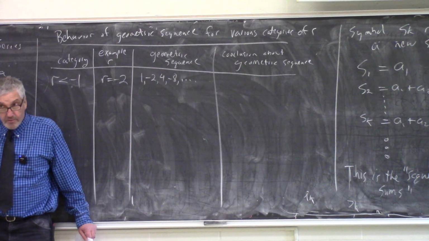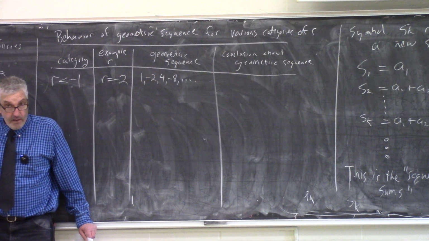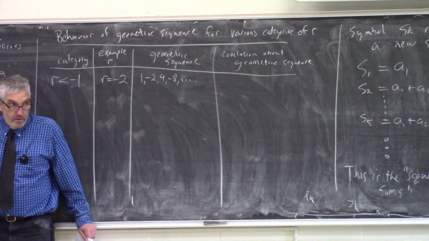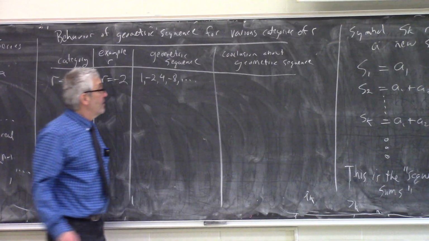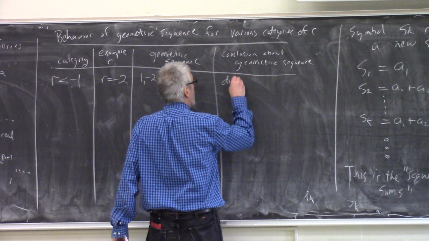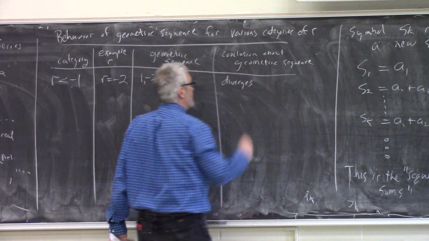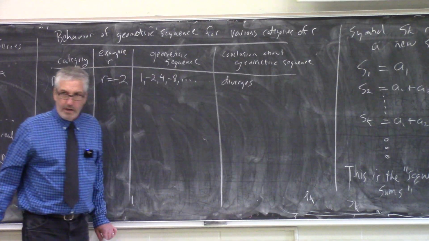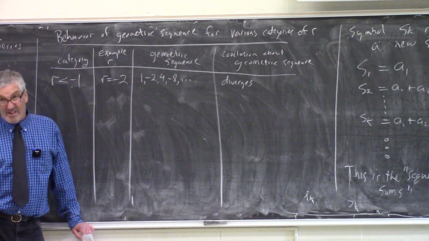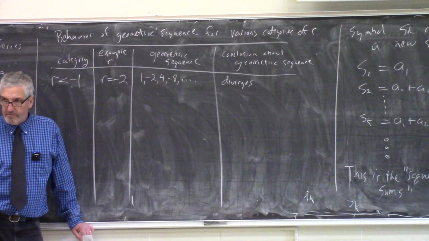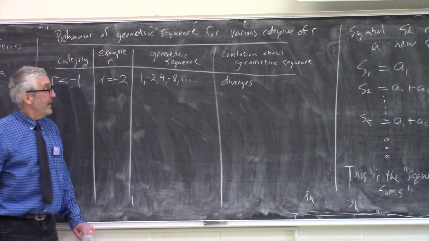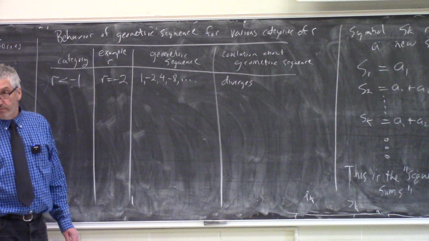Does that geometric sequence converge or diverge? Kinsey? Diverges. I'd like to say it diverges to infinity, but it doesn't. Some of the numbers are getting huge and positive, some of them are getting huge and negative. It is an alternating sequence.